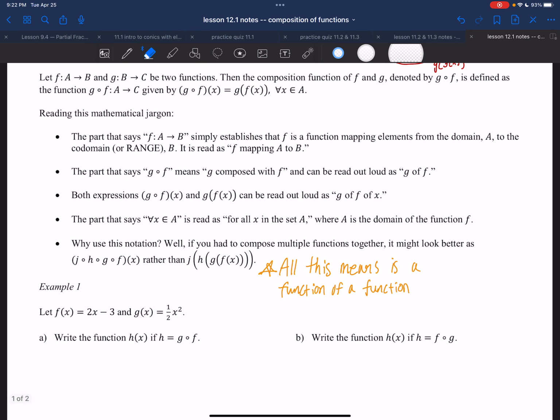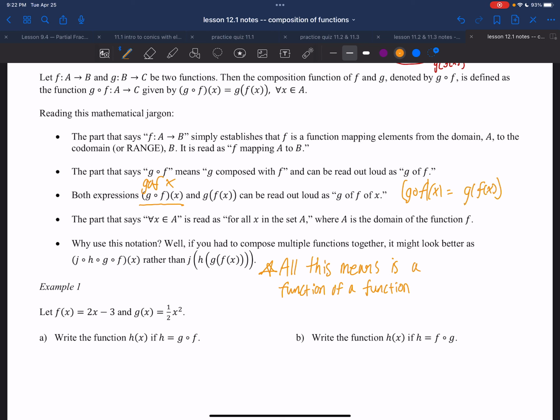And by the way, this notation, maybe I'll talk about this for a second. g circle f of x, I say g composed with f of x, right? G composed with f of x. You can just write that as g of f of x. And really, just write it like that, okay?